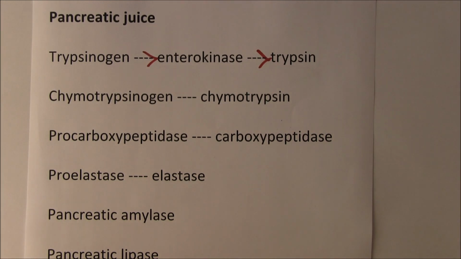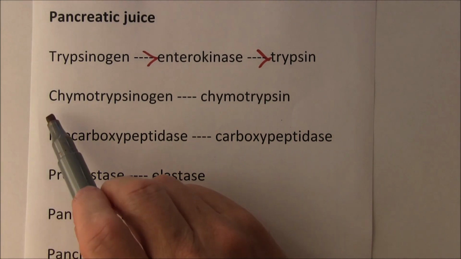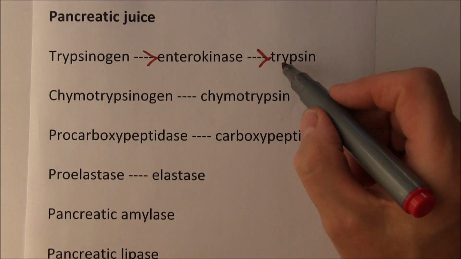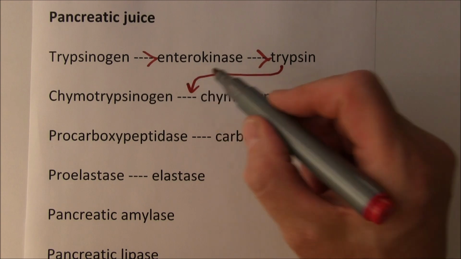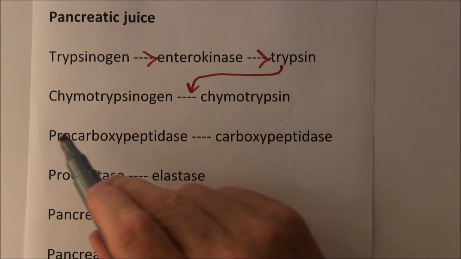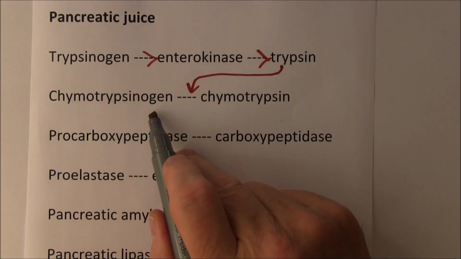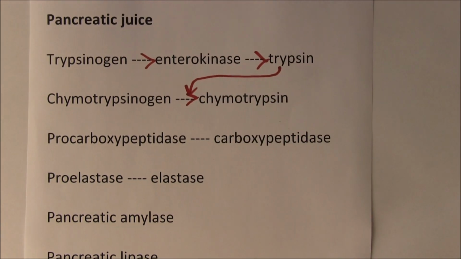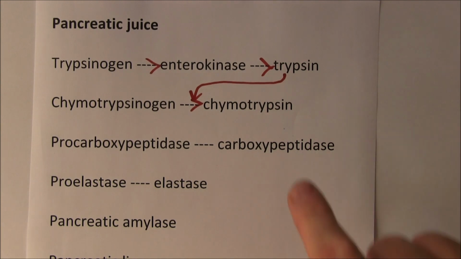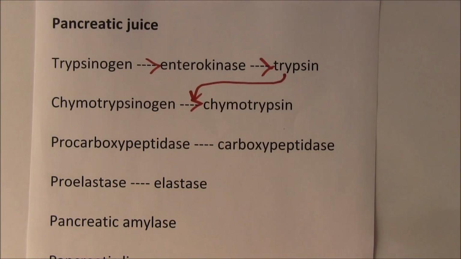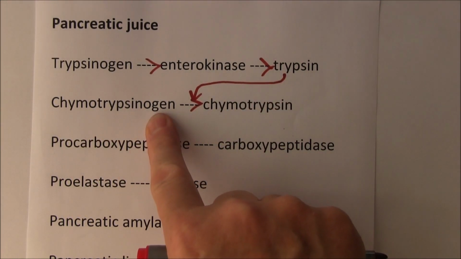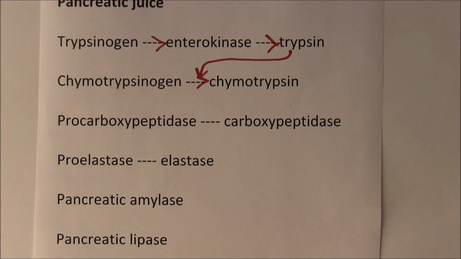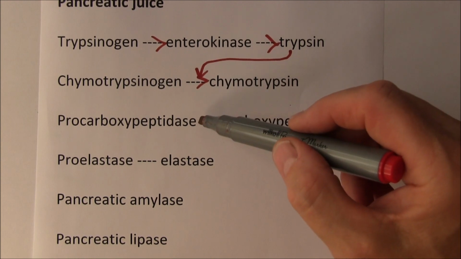Now, other inactive enzymes produced are chymotrypsinogen, and the trypsin, once it's produced, as well as digesting proteins on its own, will activate the chymotrypsinogen and convert that into chymotrypsin. So trypsinogen is first activated into trypsin by the enterokinase, then the chymotrypsinogen is activated into chymotrypsin by the trypsin. And the trypsin will also activate these as well.